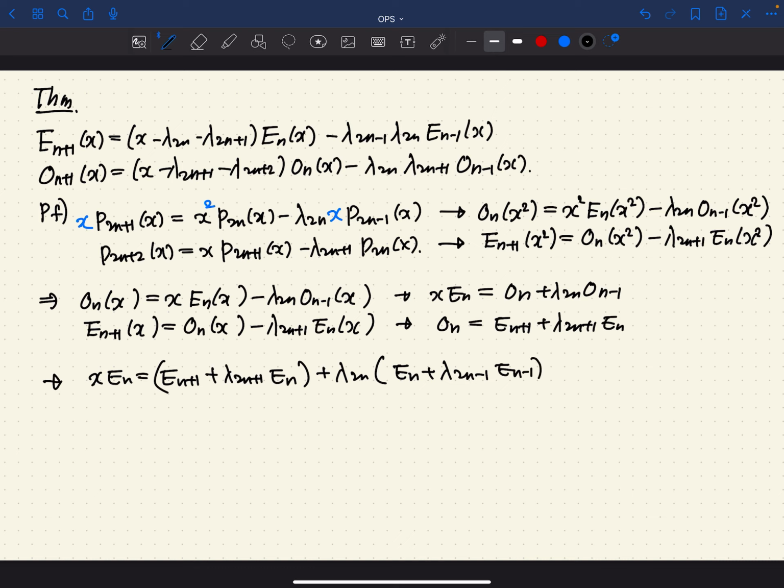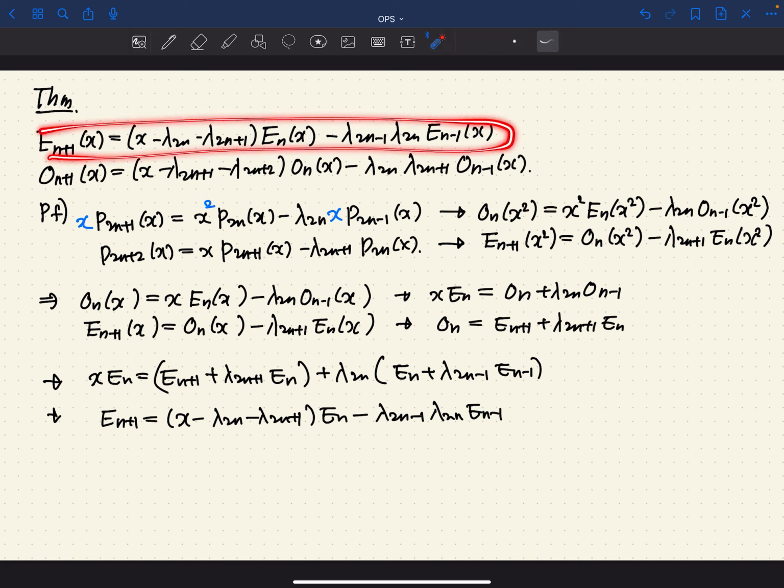Now you rearrange these to get E n plus 1 equals, we move all the En's to the other side, and then we get x minus lambda 2n minus lambda 2n plus 1 En, and finally this, which is exactly the first identity, or recurrence.